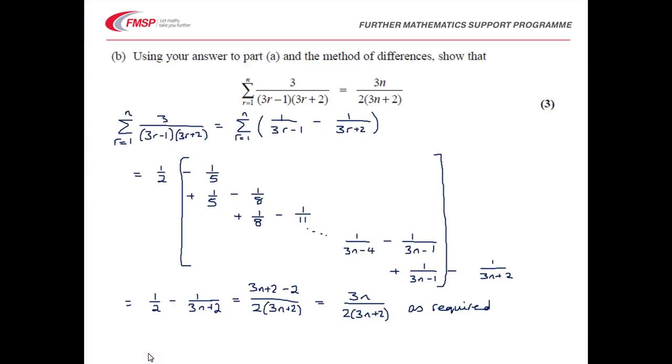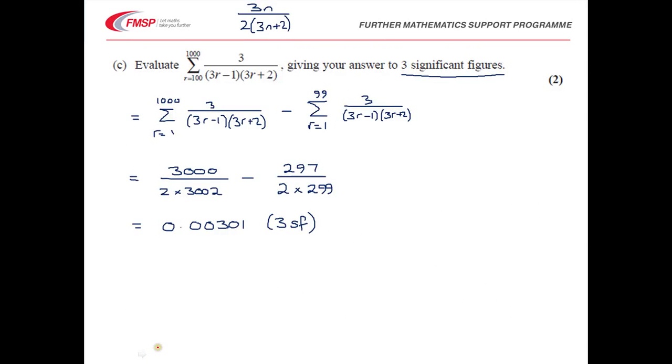For part B, there is a method mark for clearly using the method of differences and an accuracy mark for doing it correctly, and there's follow through. So if you got your partial fractions wrong, then there is follow through at this point. And for the last bit is just one accuracy mark and no errors. So you've got to get to the given result without any incorrect working to get that final accuracy mark.